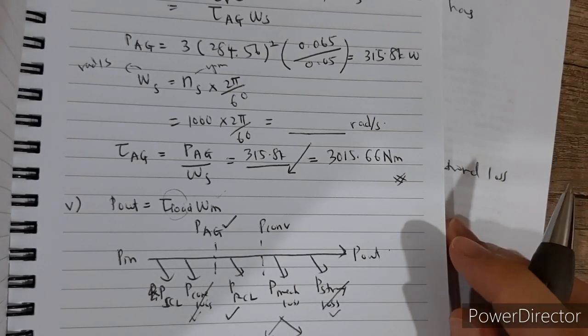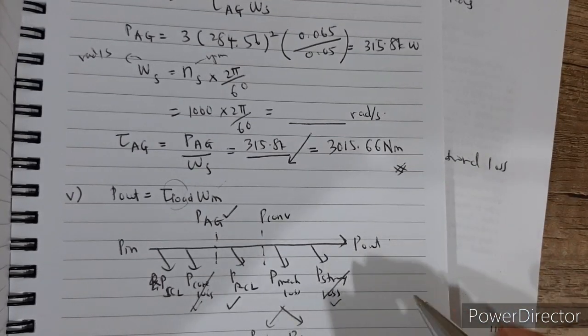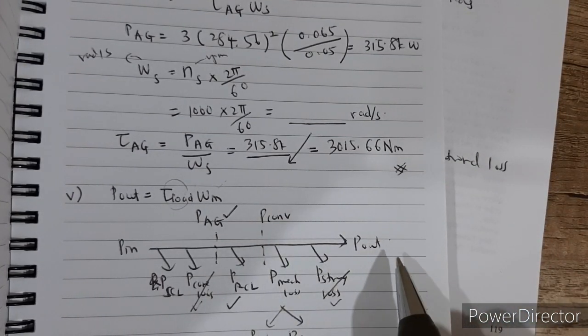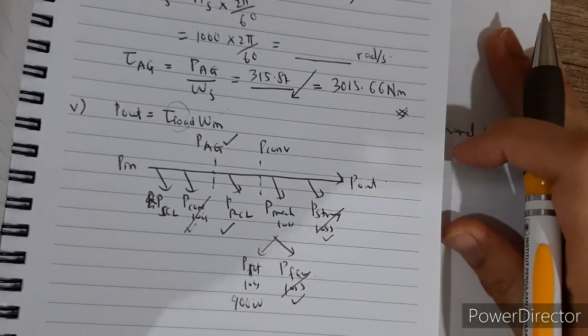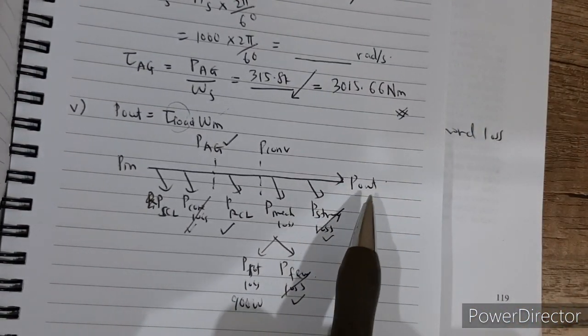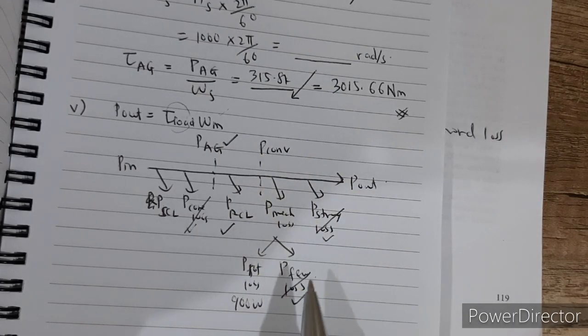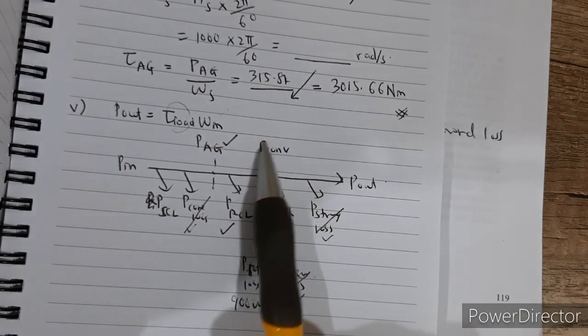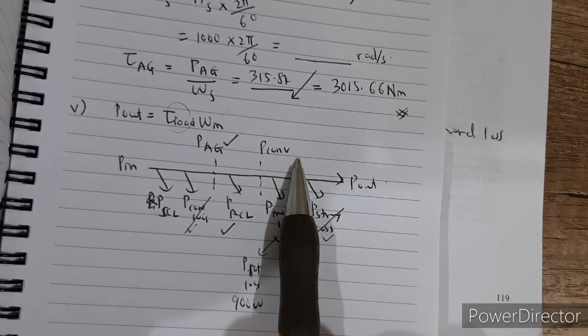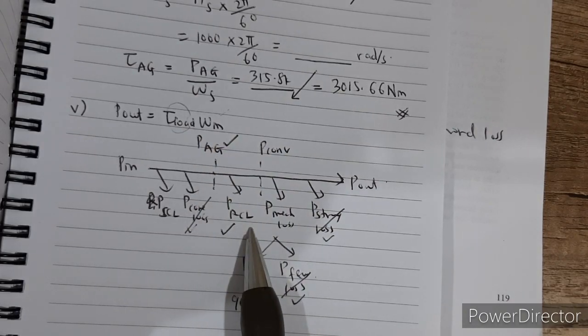So we want to find P out at this stage. Can we find P out already? If you want to use P out equal to P converted minus P rotational loss, yes, we can, but we have to calculate first your P converted. Okay, that is equal to P air gap minus PRCL.